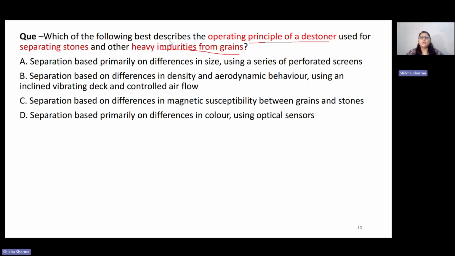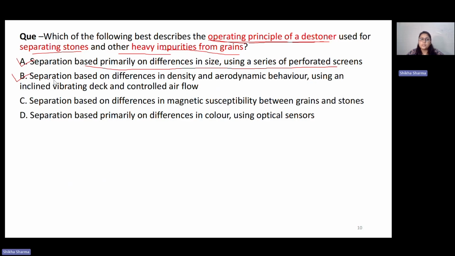Which of the following best describes the operating principle of a destoner used for separating stones and other heavy impurities from grains? The first option is separation based primarily on differences in size using a series of perforated screens.